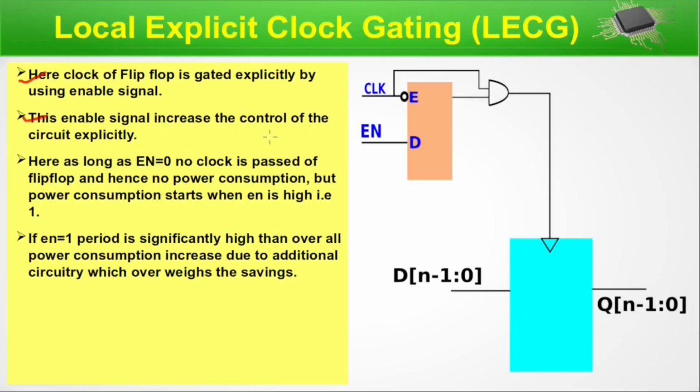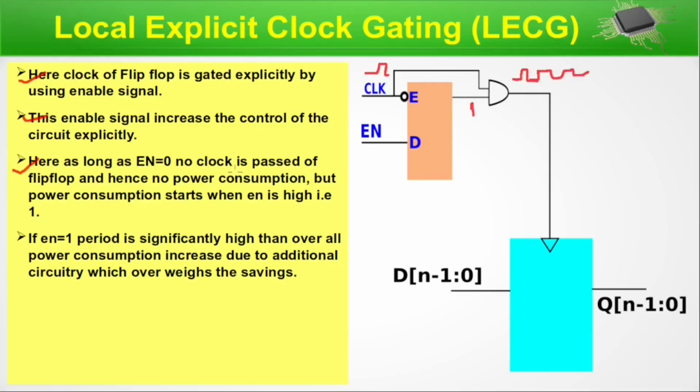Here, as long as enable is equal to 0, no clock is passed to the flip-flop. If it's 0, the output will be 0. Whatever is 1 or 0, it's an AND gate, so obviously it will be 0, clock is 0. When it's 1, data is transferred here, and with that high value the clock will be replicated here. As long as this 1 is here, the clock signal will be replicated like this.